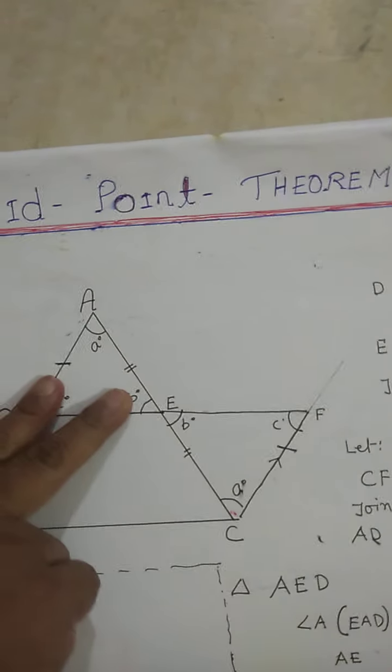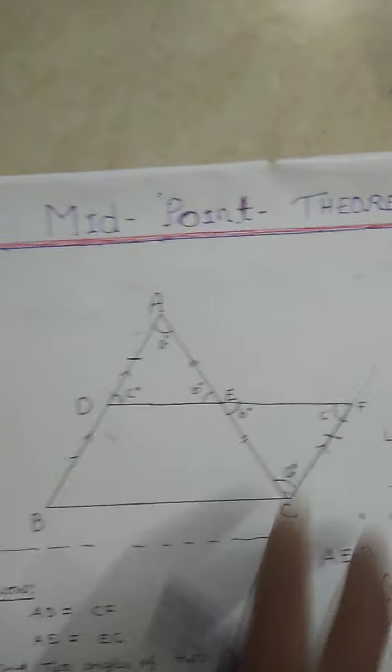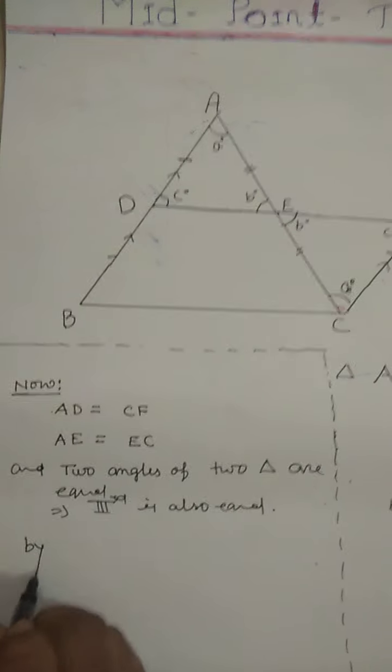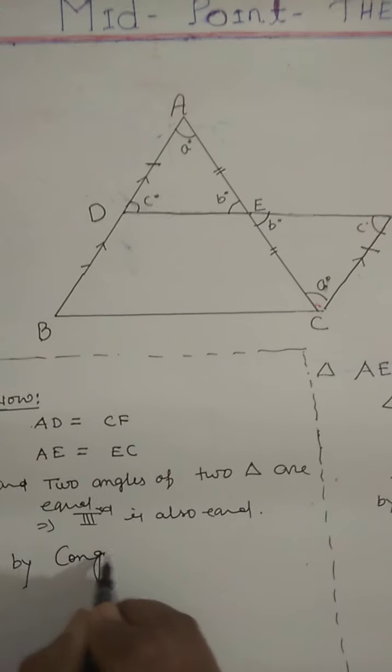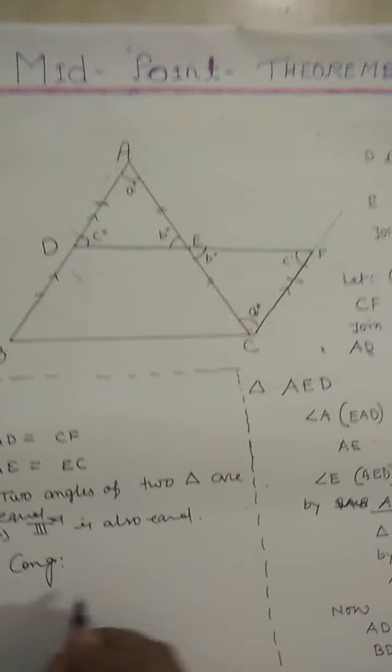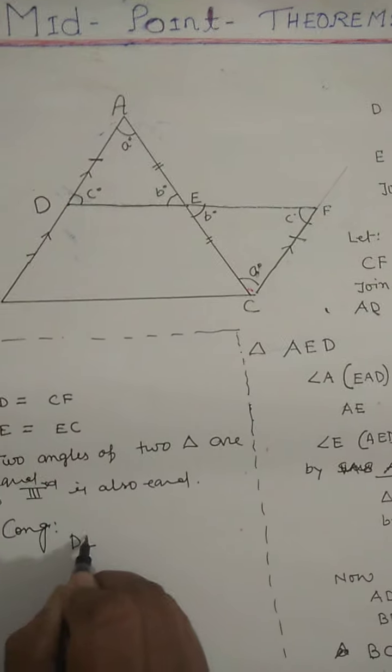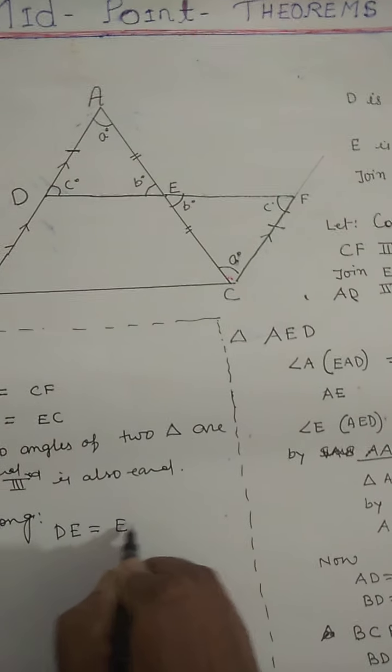So now if you are comparing these two triangles, three angles are equal, two sides are equal. So by congruency we can say DE is equal to EF.